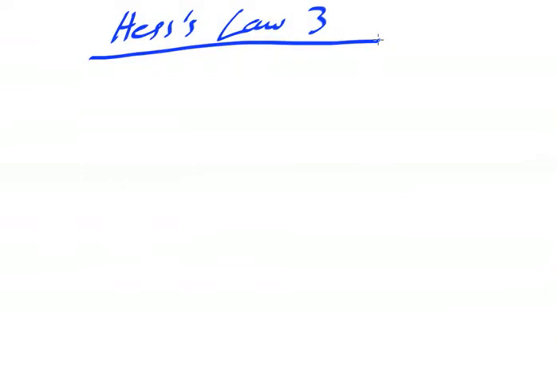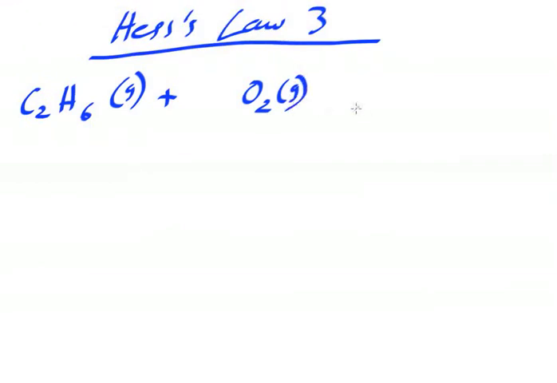So the thing we're going to start off with now is three equations, and the first one is an enthalpy of combustion for ethane. So ethane is C2H6. It's a gas, and I'm going to add oxygen, which is a gas, so I'm going to burn it.